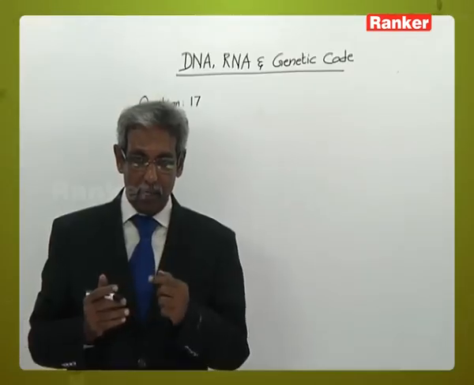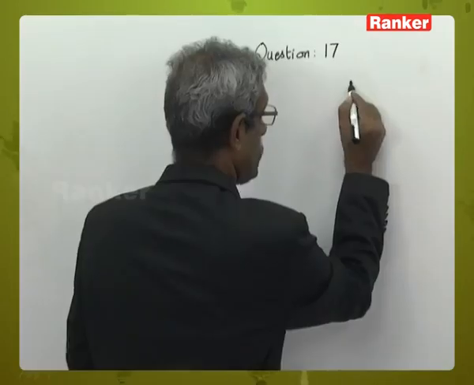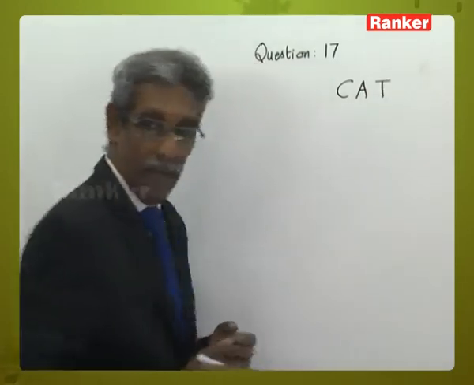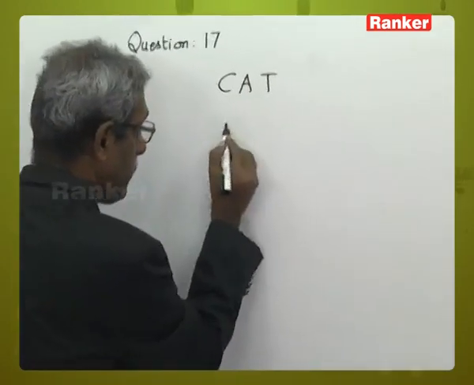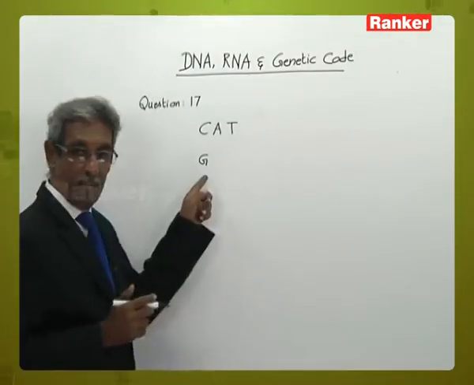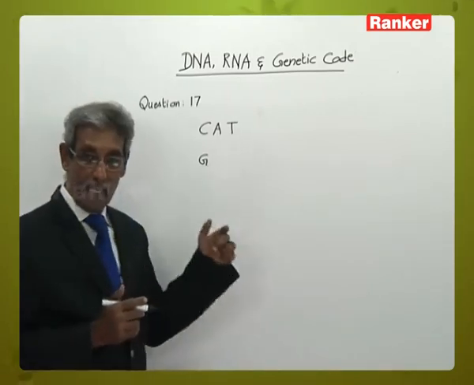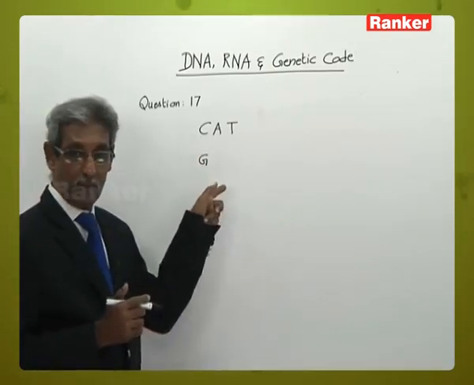Now, as you understand, when you look at these sequences, the immediate thing a student should look out for is that if the first sequence is CAT, naturally the complementary sequence should start with G. Among the choices A, B and C, they are near to this particular choice.